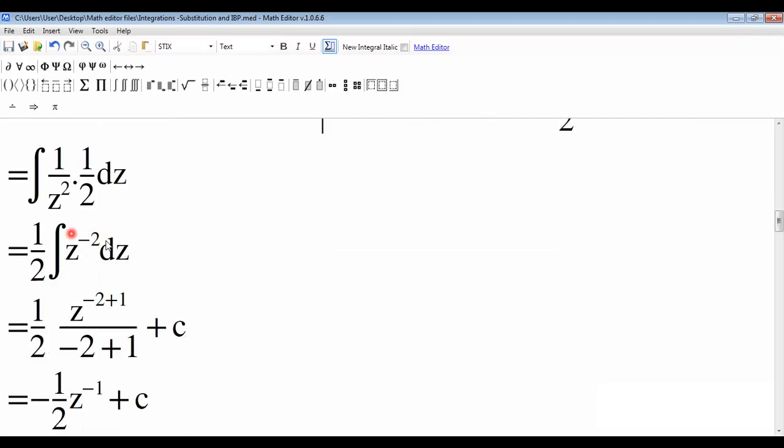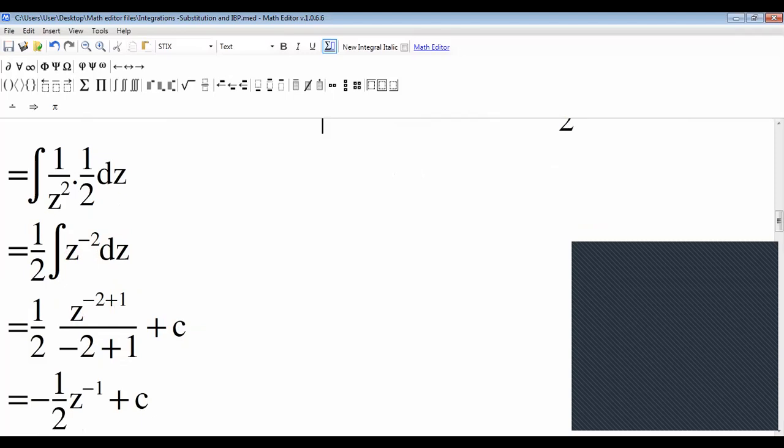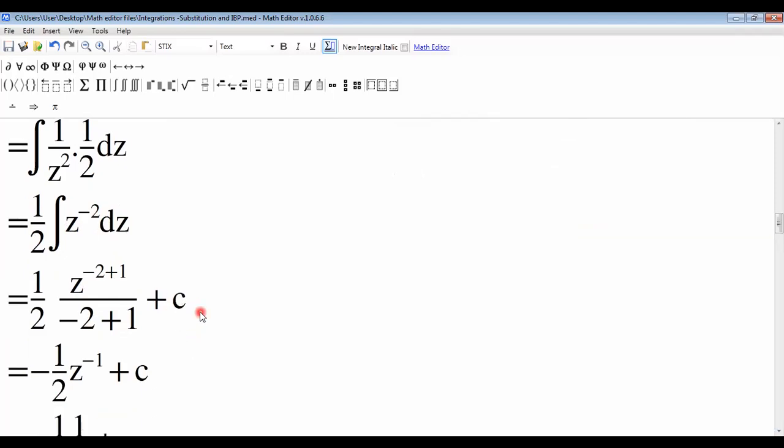Using the power rule with respect to z, the formula for integration of x to the power n is x to the power n plus 1 divided by n plus 1. So here, z to the power minus 2 plus 1 divided by minus 2 plus 1. After integration, we have to add the integral constant c. Remember it. After using the integral formula, we have finished the integration process, then we introduce a variable constant, called the integral constant.